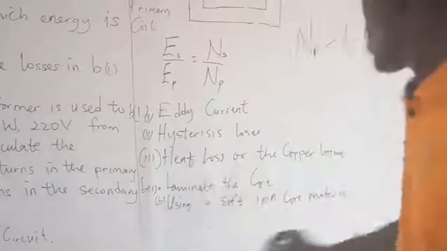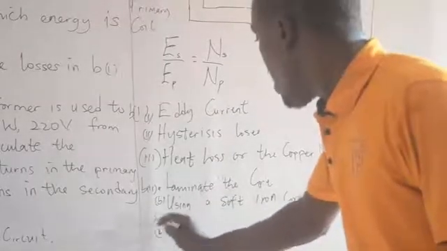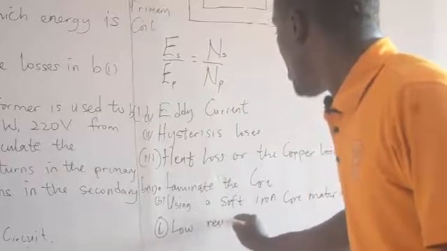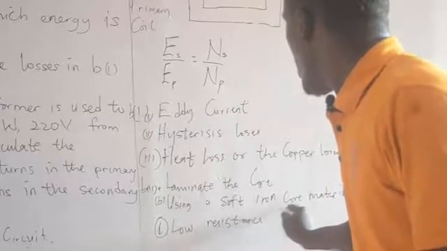Then C, for heat loss, you are using the low resistance coil.